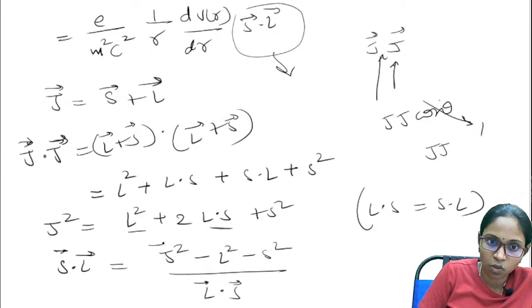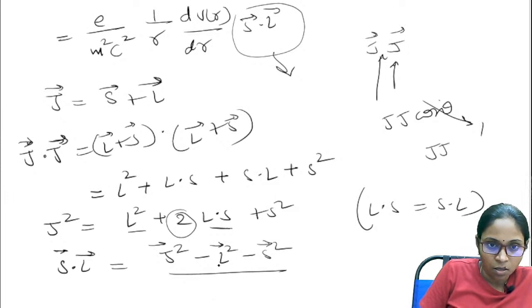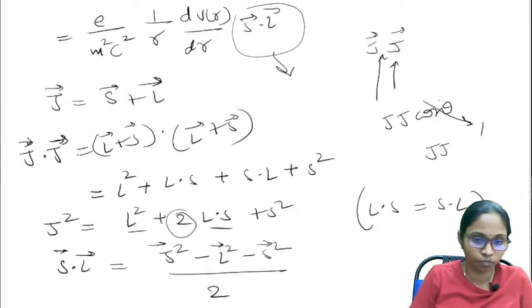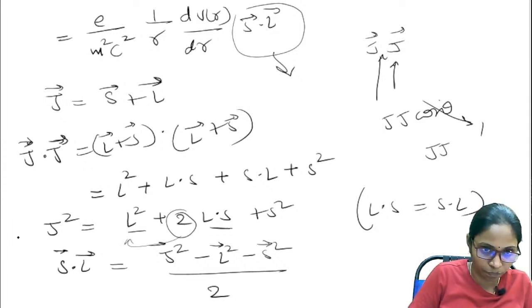Take bar over all these physical quantities, because these are vectors. All these are vectors, and we are left with 2 L bar dot S bar equal to J square minus L square minus S square, so L bar dot S bar is 1 by 2 of that.